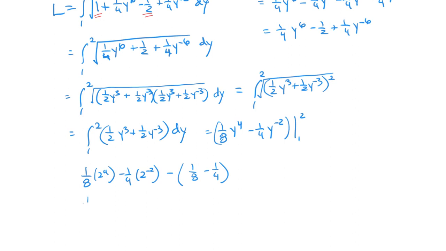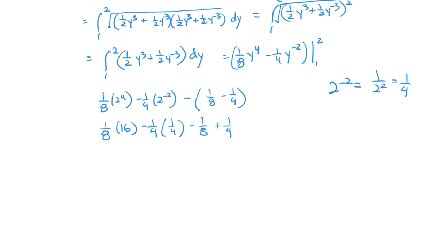Okay, so this is equal to 1/8 times 16 minus 1/4 times 2 to the negative 2. 2 to the negative 2 is 1 over 2 to the positive 2, which is 1 over 4. And I'm just going to distribute the negative through, to get minus 1/8 plus 1/4. So we get a lot of arithmetic here. Of course, you can use your calculator at this part, right?